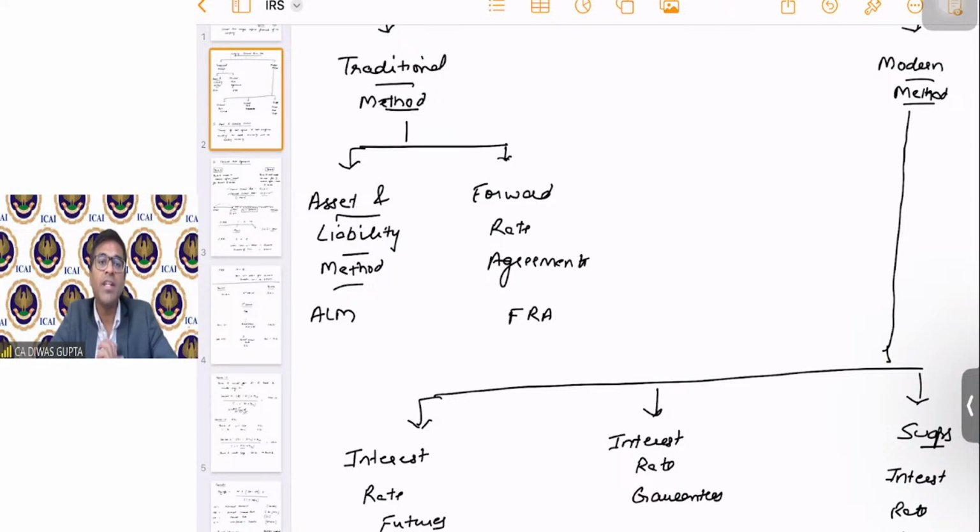So if we have to hedge against the interest rate going up, we have to hedge against the bond future prices going down. Okay. Similarly, then we discussed about the interest rate guarantees, where we said that interest rate guarantees is as good as options, right? Where there is a right, there is a privilege, it's not an obligation, there is a premium involved, and hence we have solved some of the questions.